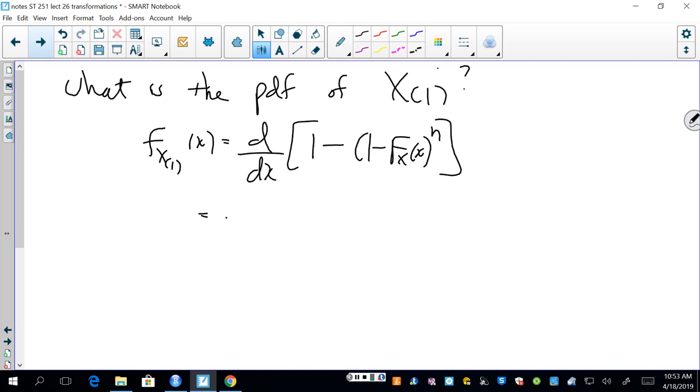So there's an n and 1 minus F of x raised to the n minus 1, and then a derivative of that, the density. There's kind of a negative and then another negative, and they cancel, so that ends up being the density of the minimum.